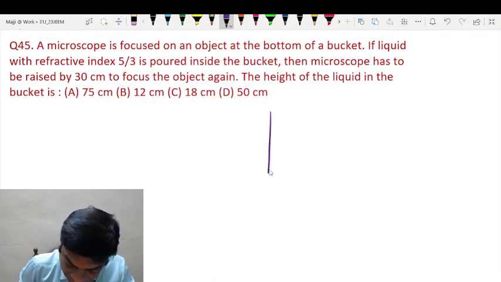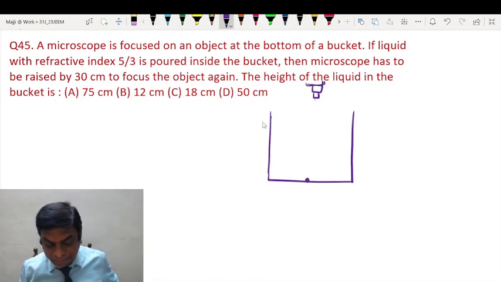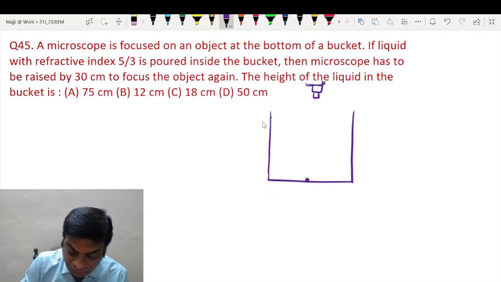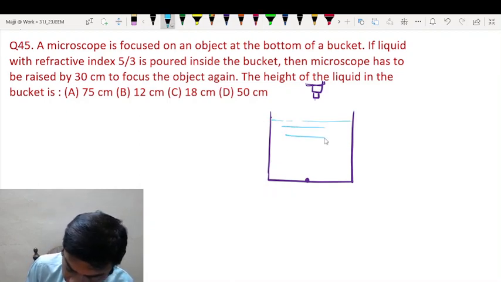Now suppose this is the bucket and this is the microscope. So initially it is focused to this point. And finally, when certain liquid was poured, let us say to a height h, which we have to find.